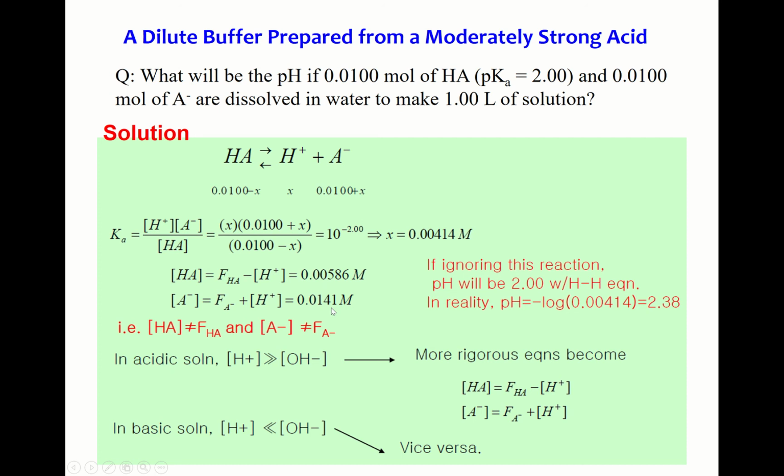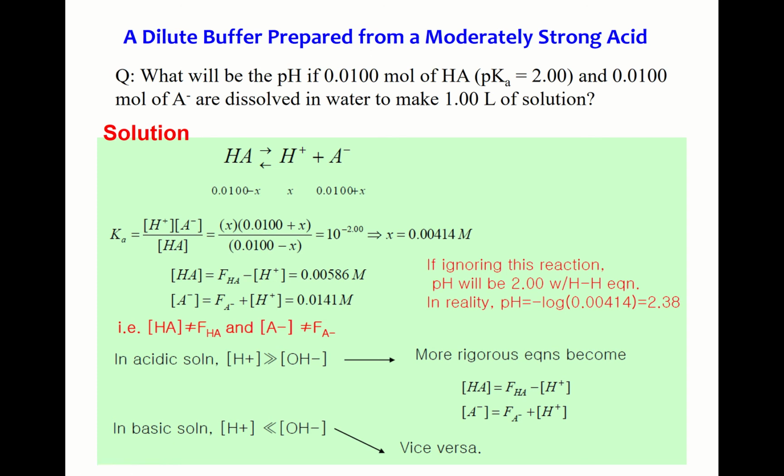And what's the difference? Upon approximation, the proton concentration is 0.01, and HA is almost zero. If we assume that X is quite small, we have a different answer.